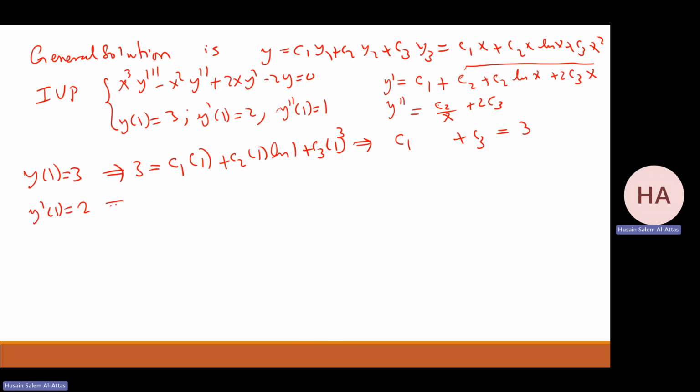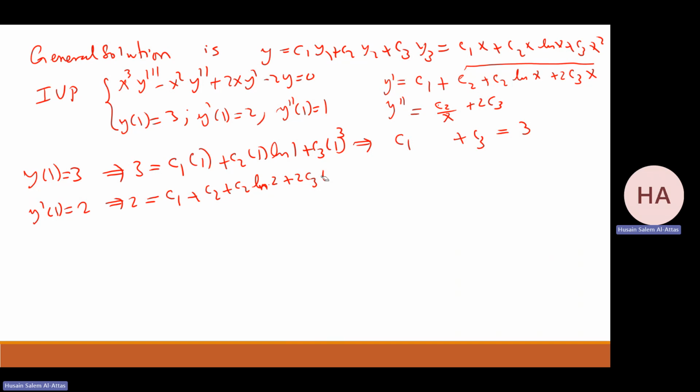Okay. Now y prime at 1 equal 2. Sorry. That implies 2 will be C1 plus C2 plus C2 ln 2 plus 2C3 times 2. Oh, sorry.